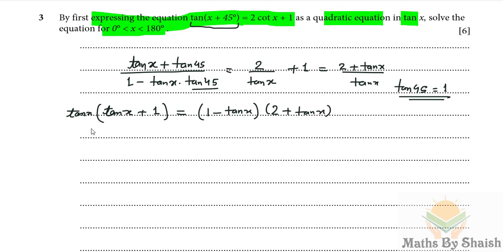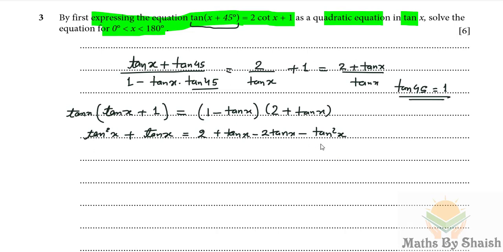So let's simplify. It becomes tan x into tan x, tan square x, plus tan x into 1, tan x, equals here 1 into 2, 2, plus tan x, minus 2 tan x, minus tan square x. So let's take everything to the left hand side.